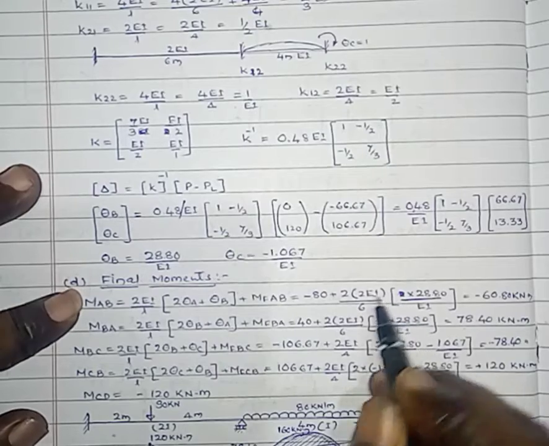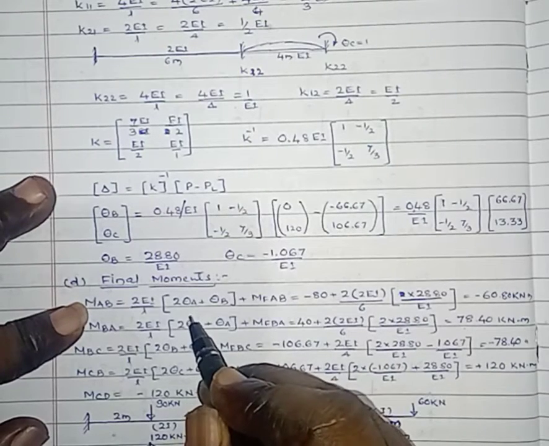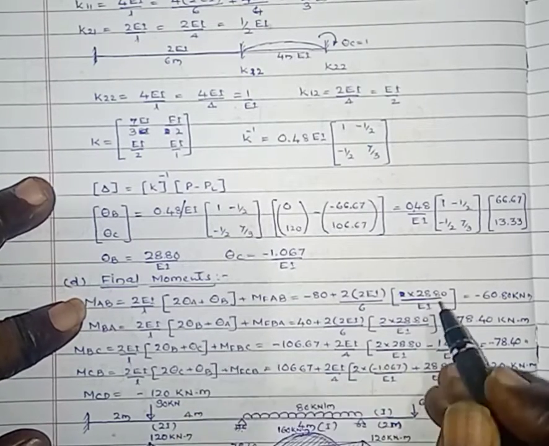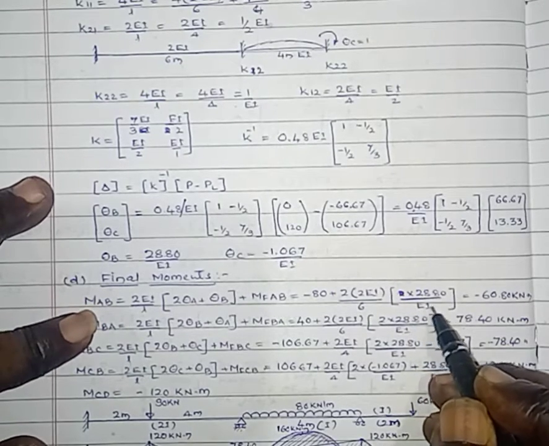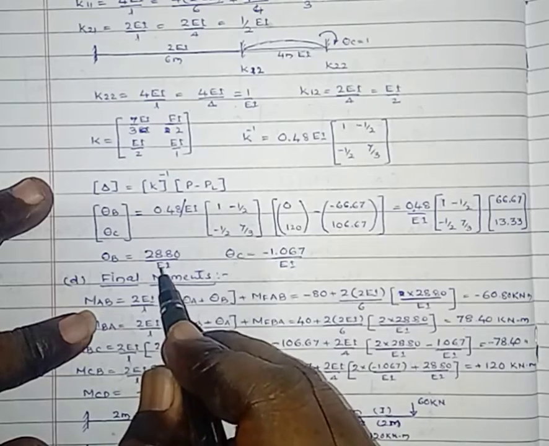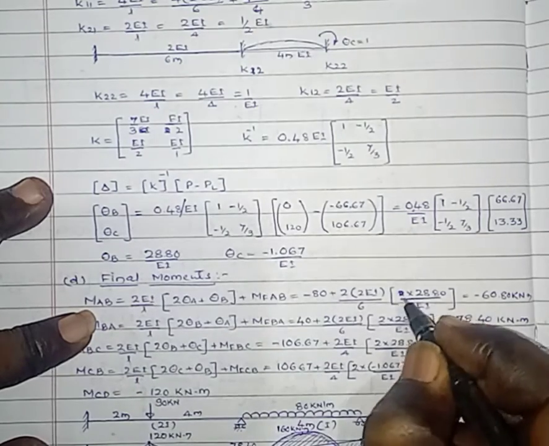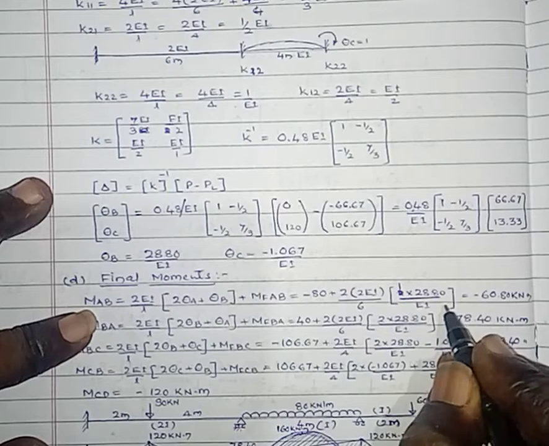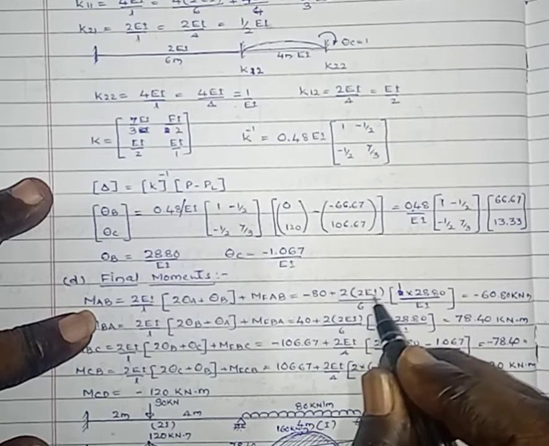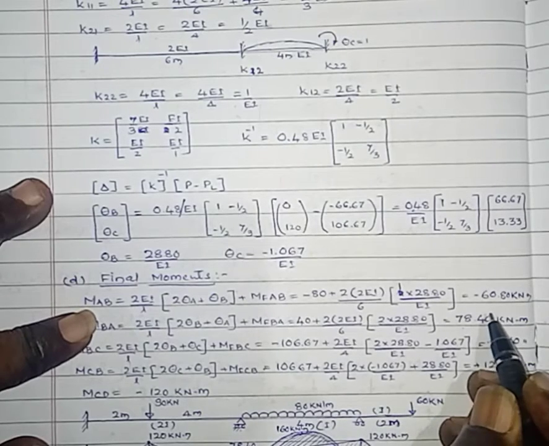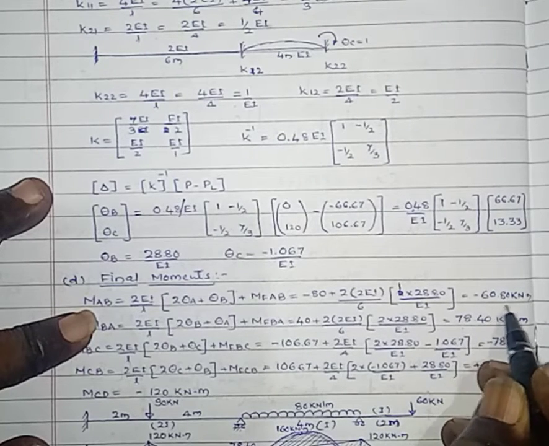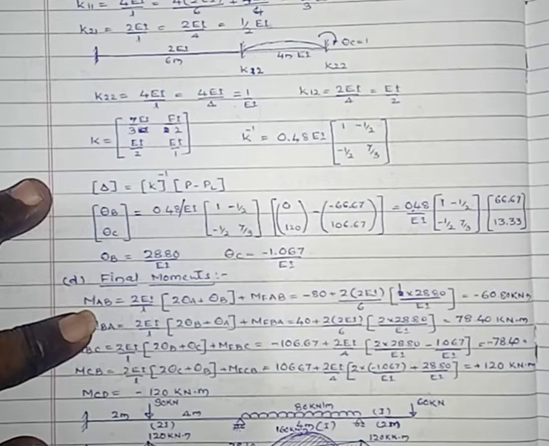Inside the bracket 2 theta A is 0 since A is fixed, hence theta A is 0. Theta B value we have calculated, that is 28.80 divided by EI. Here this EI gets cancelled. Then after simplification, MAB equals minus 60.80 kilonewton meter, that is anti-clockwise.